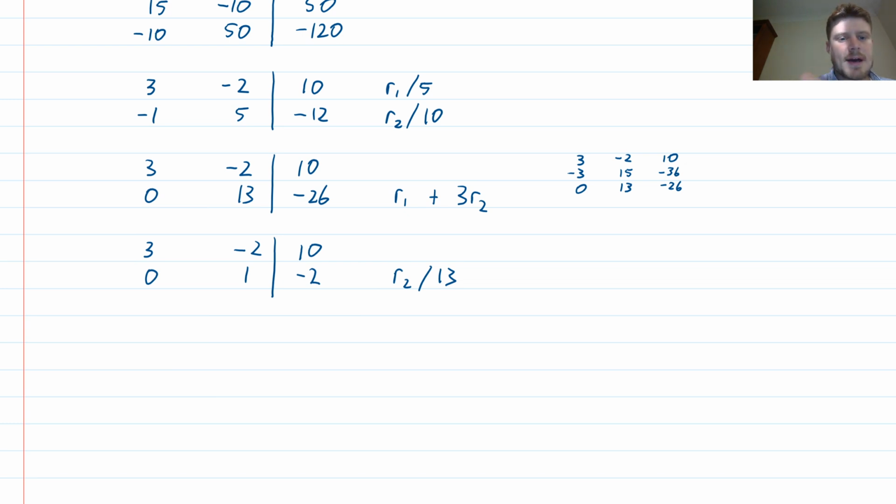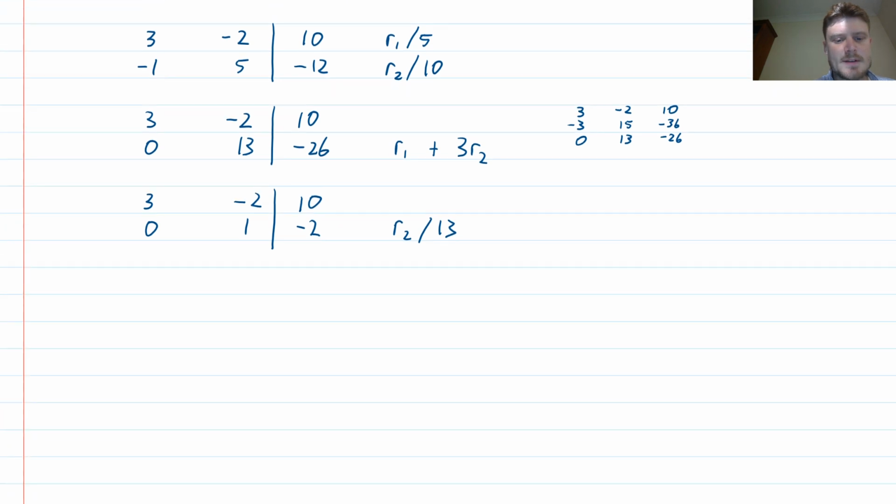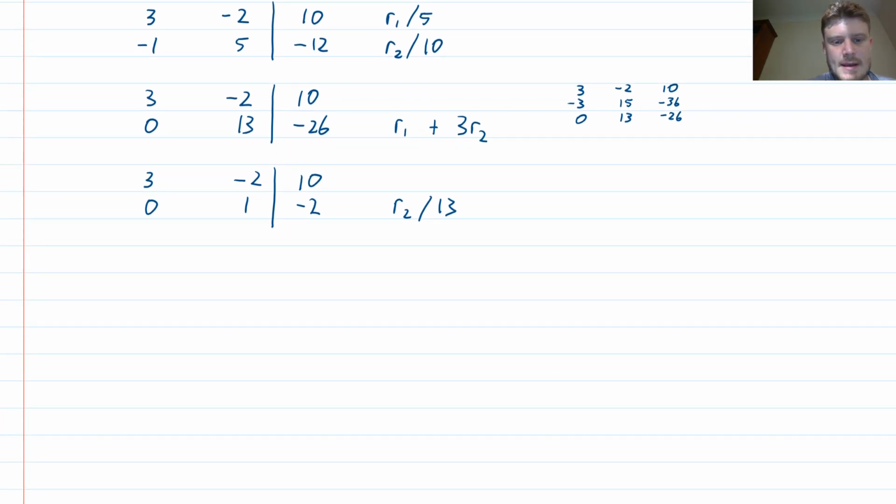In order to do that, what I need to do is get a 0 here in this upper triangular position, or this off diagonal position. So what is the update step that will achieve that? Well, I can use the 1 underneath to cancel with the -2. So if I did something like R1 plus 2 times R2, then I'm going to get a plus 2 and -2, which will cancel.